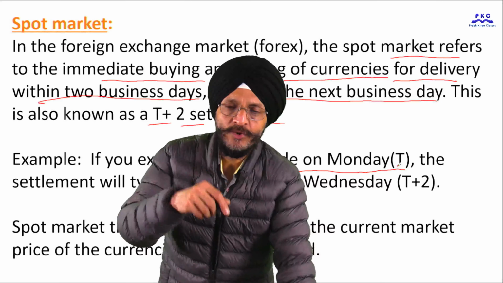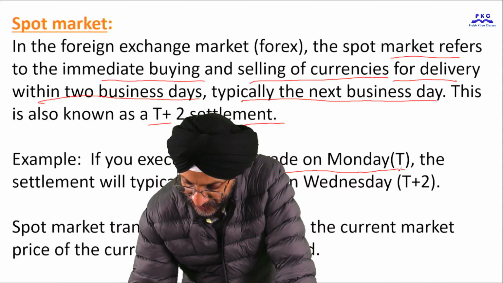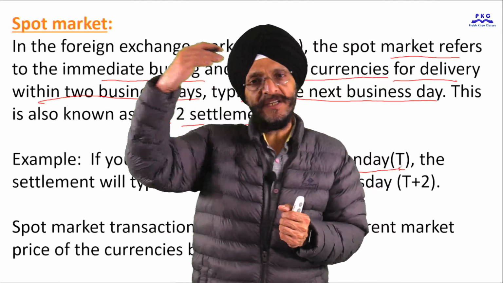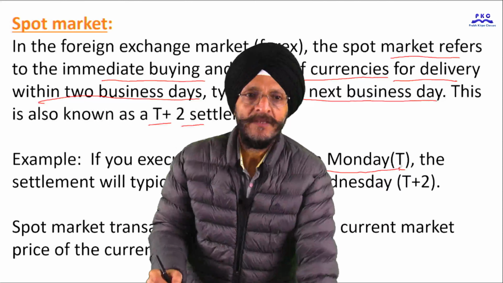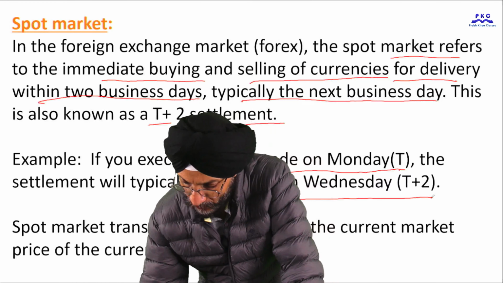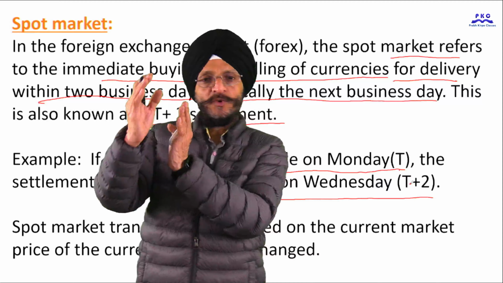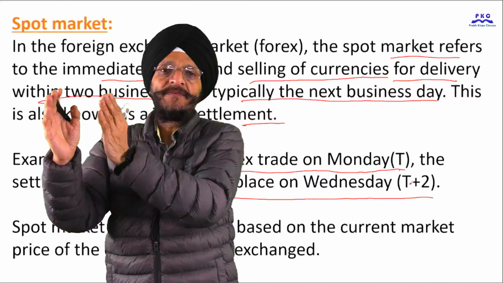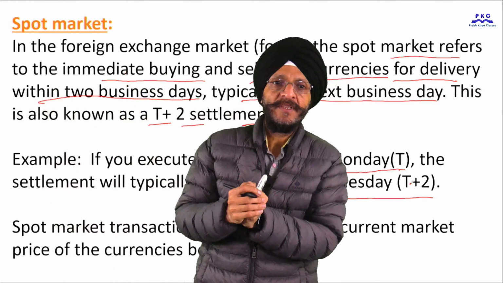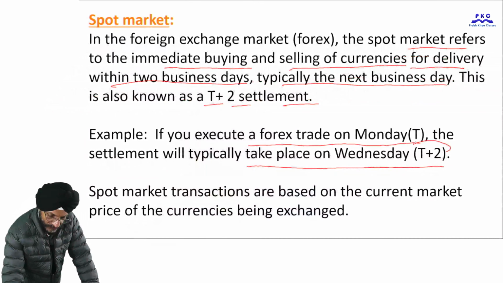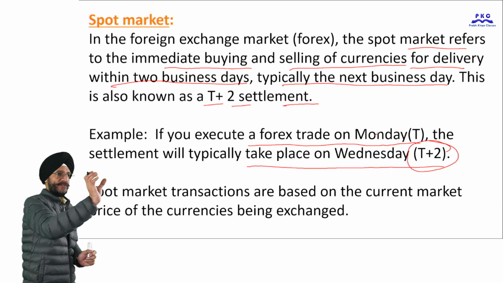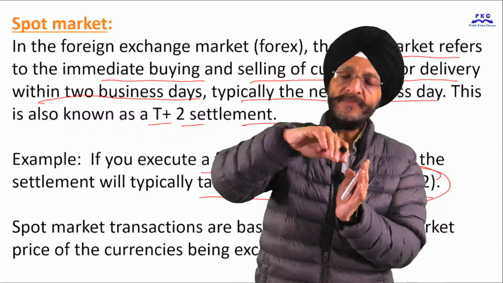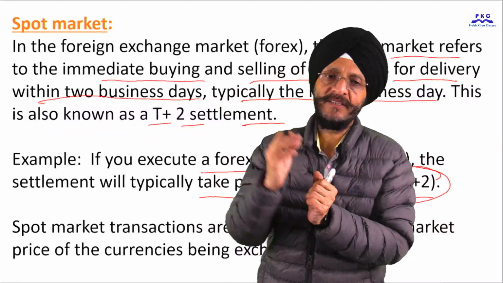That day, which is today, will be represented by T, and the settlement, meaning the delivery date, will generally take place on T plus 2: Monday, Tuesday and Wednesday. Wednesday is the second day. So the settlement is broadly guided by T plus 2.